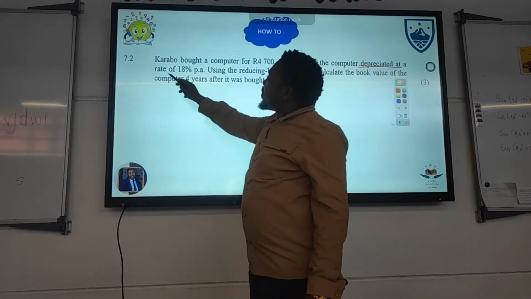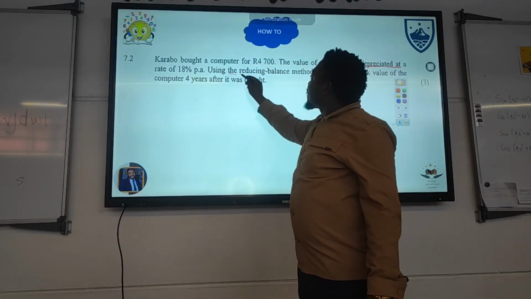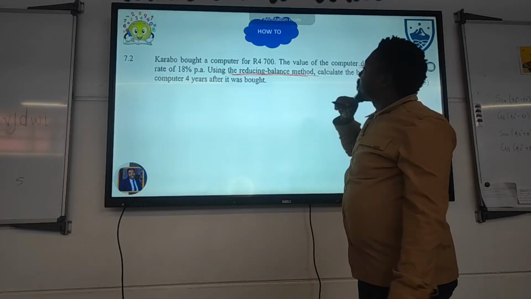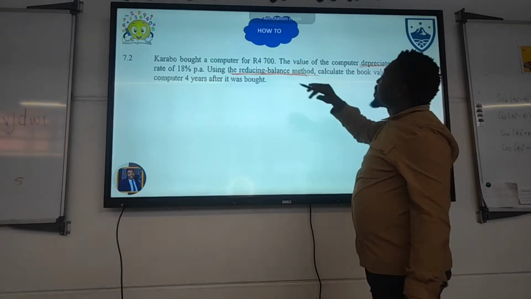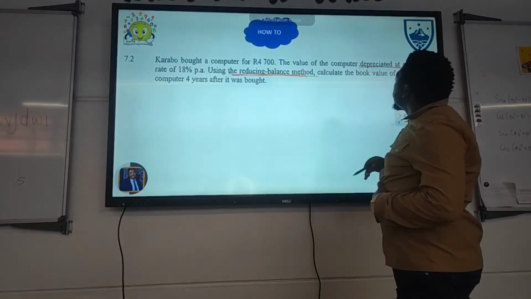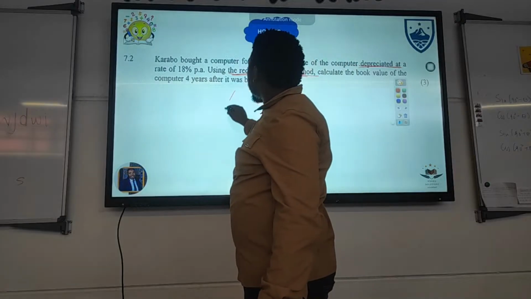And then we have an interest rate of 18% per annum. So we are using the reduction balance method. So we have a straight line method, and then we have the reduction balance method, which is more exponential, where n is an exponent. So calculate the book value because it depreciates. So I'm going to use the following formula.